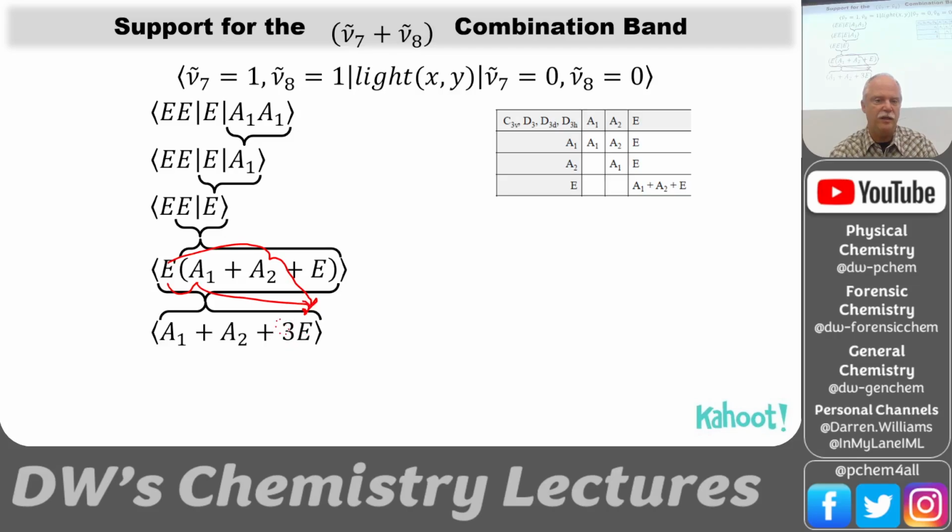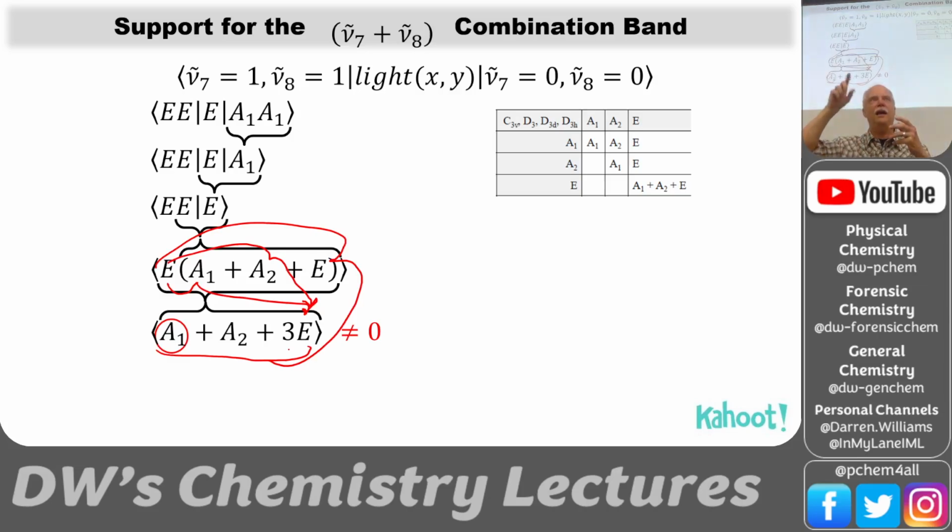So that's where 2 of these E's came from. And then E times E gives A1 plus A2 plus E. So that's why we have 3 E's. But we have the A1 and the A2 from that last combination. And so we end up with, again, an allowed transition. So this one is allowed by all 3 motions, X, Y light, or Z light.